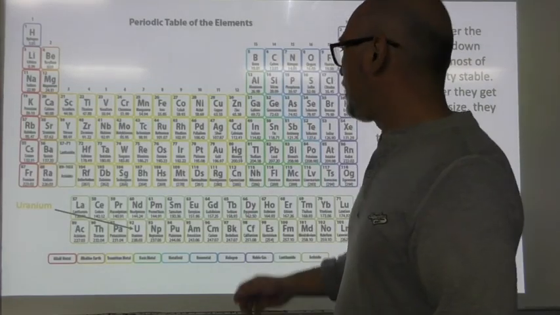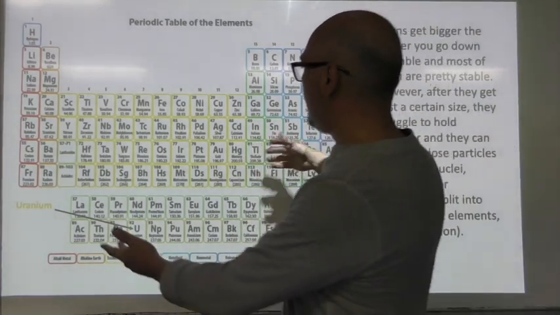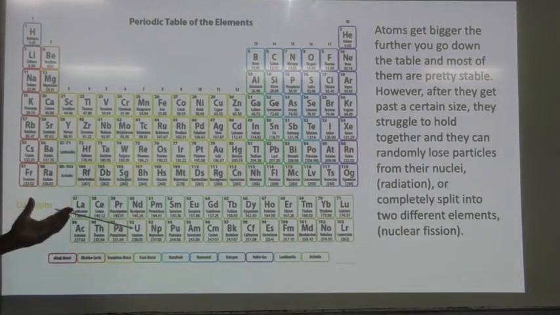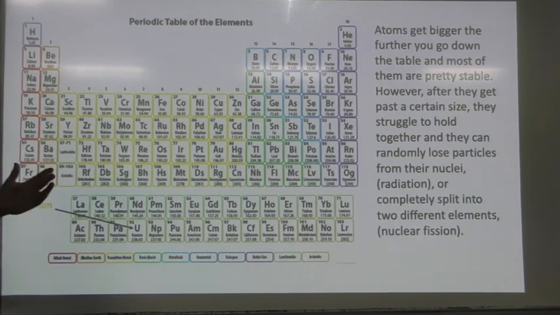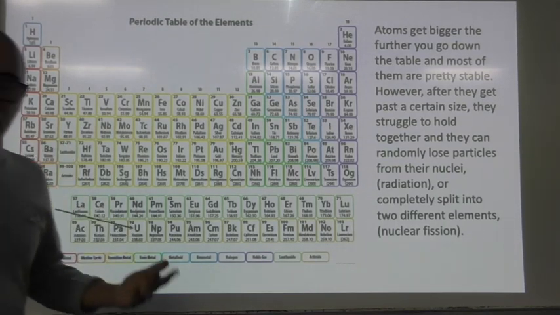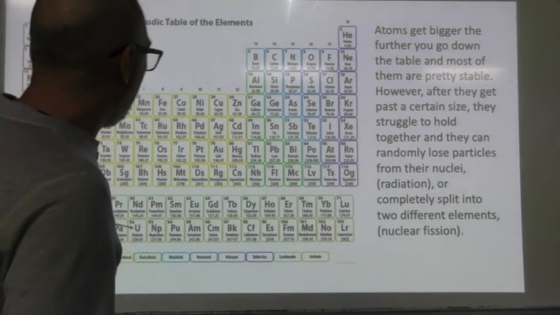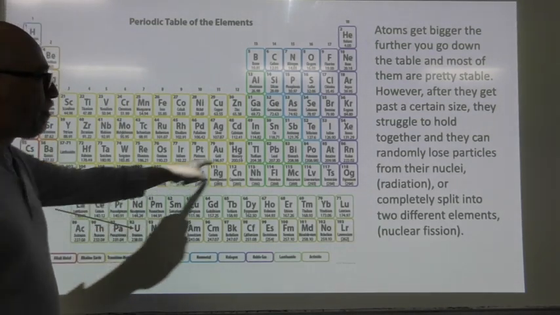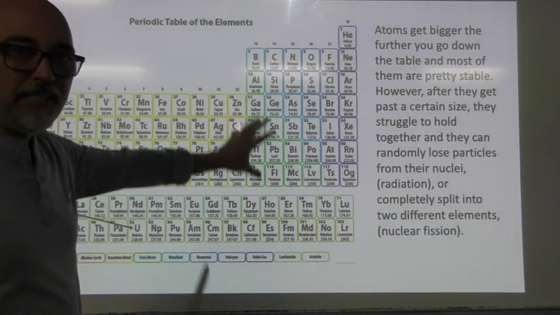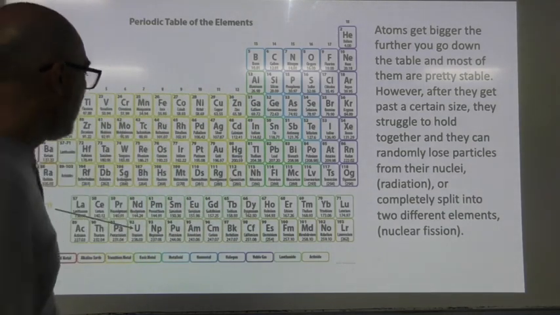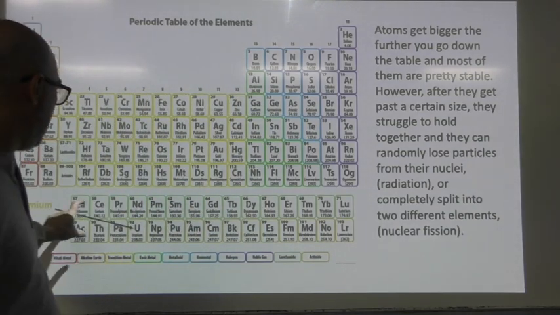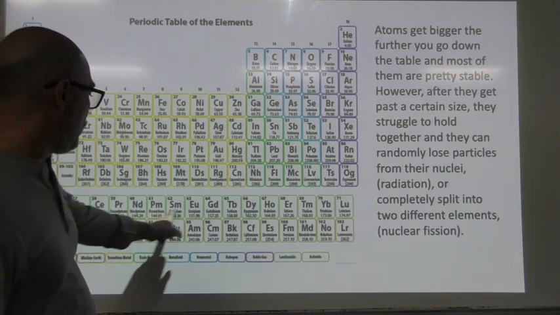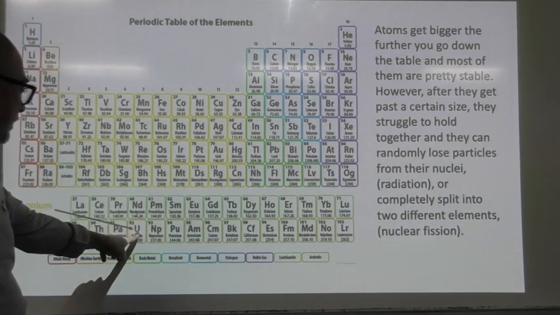When we look at the periodic table of elements, this is a list of all of the things that exist in the universe, all of the materials that are around you, make up your body, and everything that you can touch, smell, taste, or feel is made up of some combination of these materials that we have found, okay? The ones that are down here, so 89, there's uranium right here, okay?